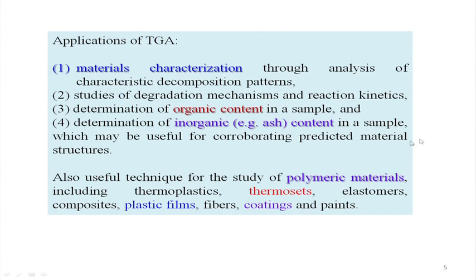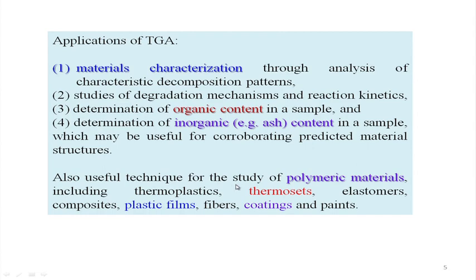Then determination of inorganic content, that if the inorganic content is there, it can be converted to some oxide or ash formation in a sample, that can be analyzed by TGA, and it can also predict about the corresponding material structures, because all these things will be related to the material structures.